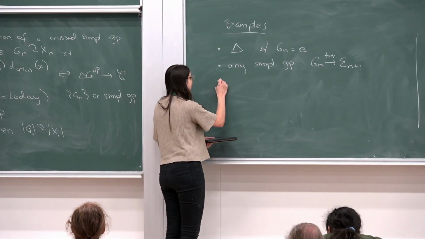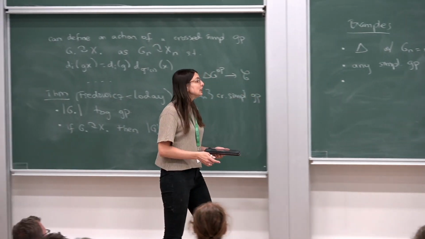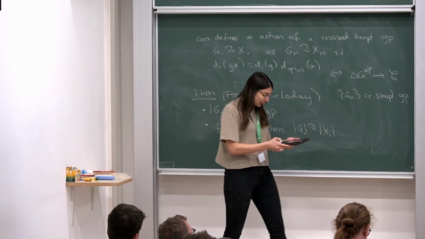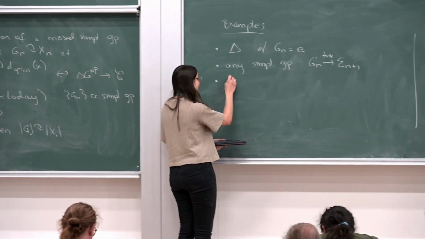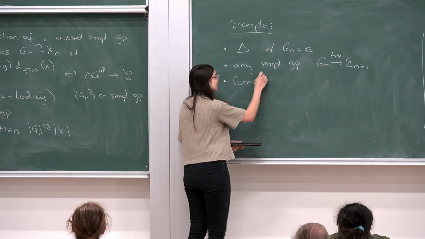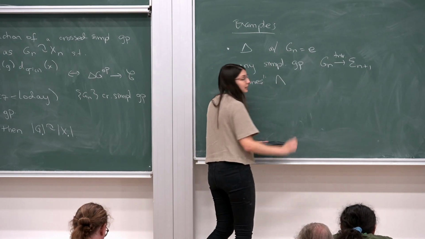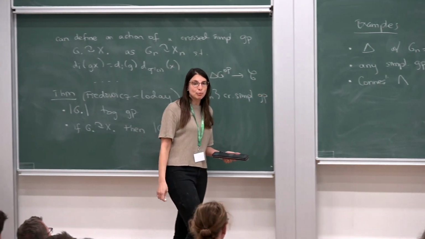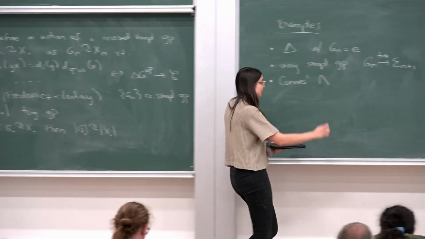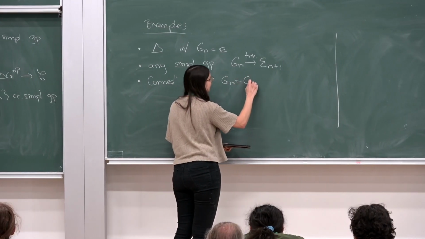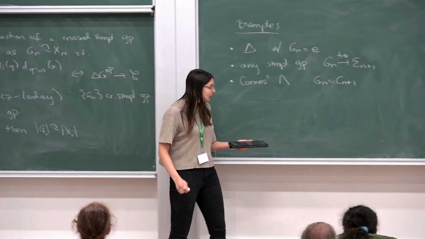Okay, so now some more interesting examples that don't fit into this classical framework. So I guess this is still pretty classical. Lambda, the cyclic category. This is a prototypical example. Here, as we saw, G_n is C_{n+1}.